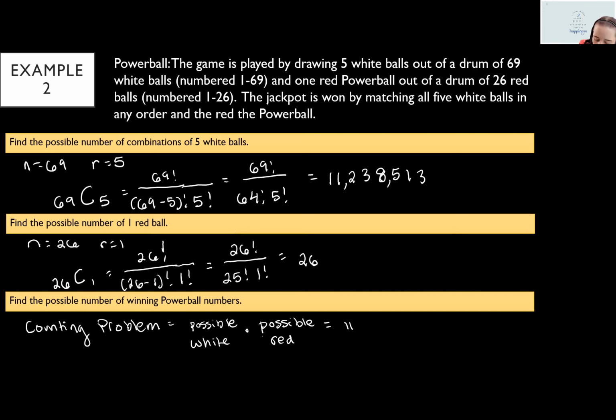So you're taking that 11 million number and multiplying it by 26. I'm making sure that I don't type the number in wrong. I have this written down on paper to make sure I get the same number. Okay, good.